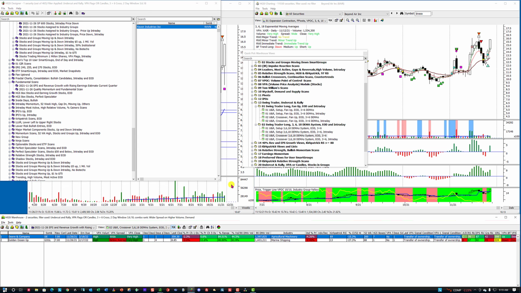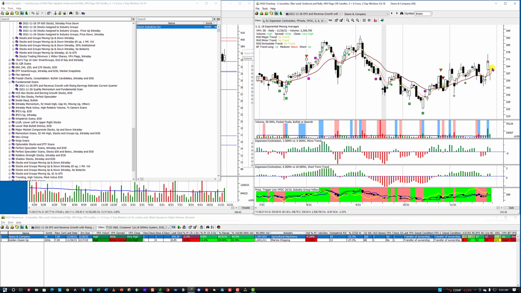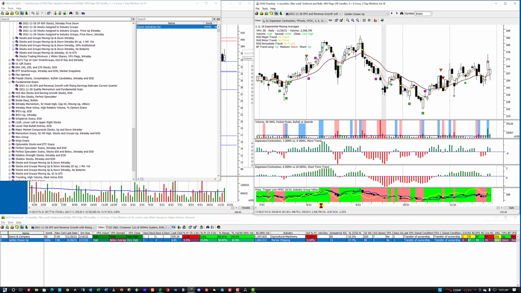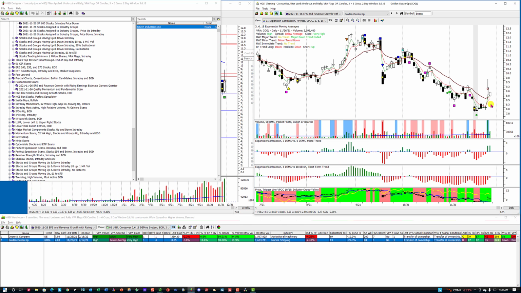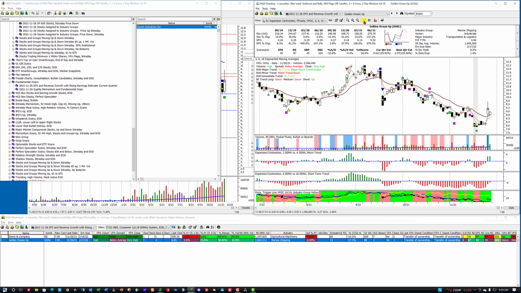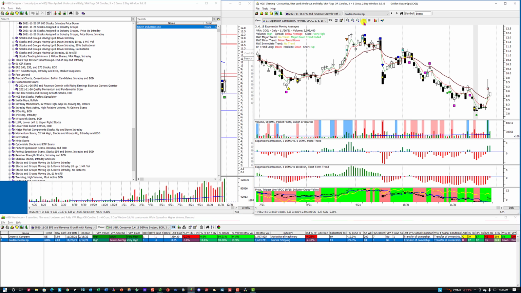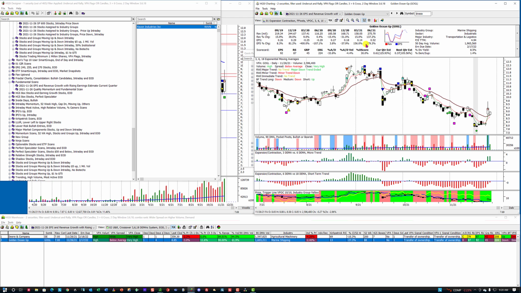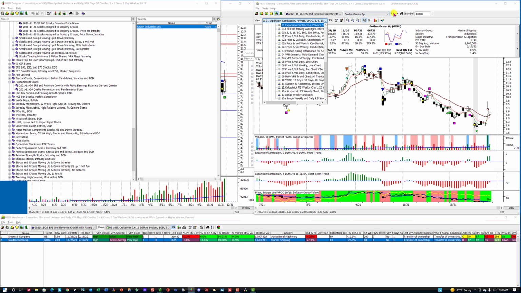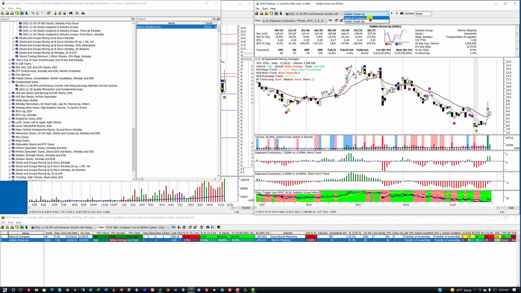This is a 3-6 crossover. John Deere's in here. 3-6 crossover. Here's a 3-6 crossover on a marine shipping company. So, why is it appearing? Well, look at this earnings growth right here. Same thing on Deere.